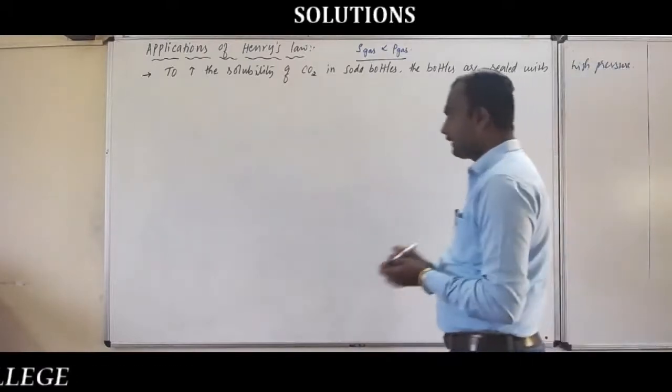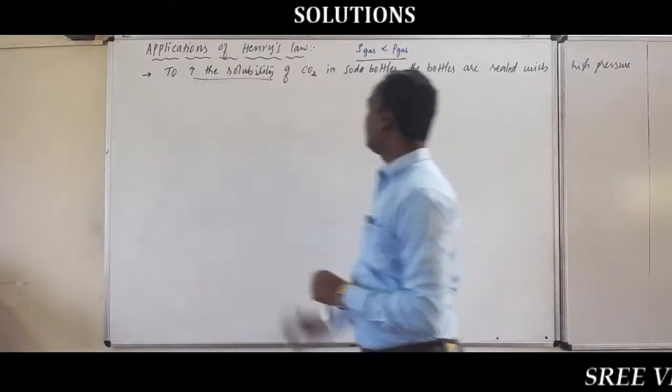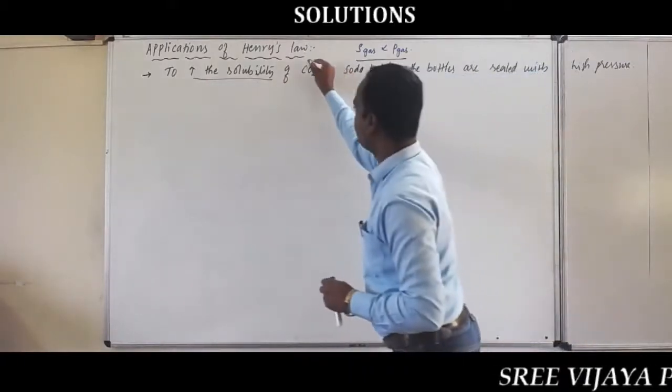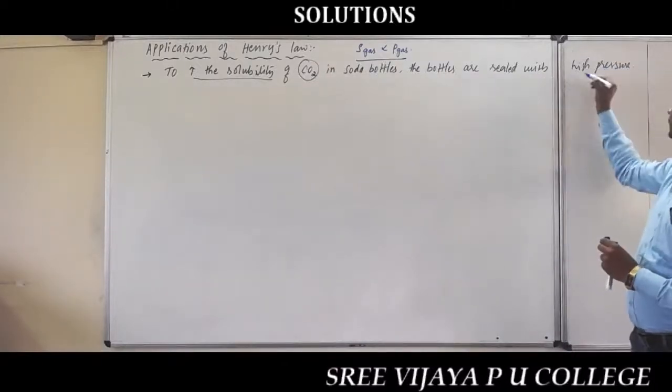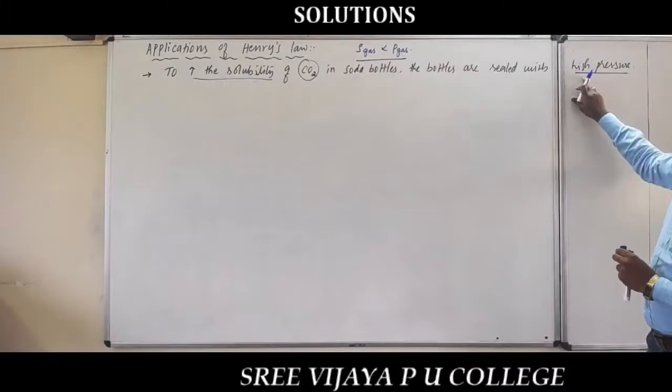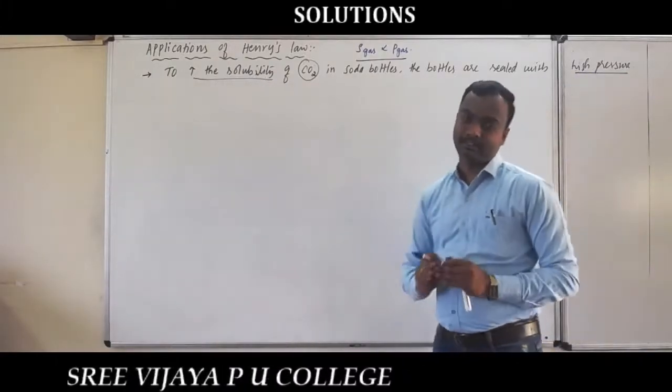Here we mainly concentrate on two factors. One is to increase the solubility of carbon dioxide. Remember, carbon dioxide is the gas, and the other term is high pressure. So high pressure increases the solubility of carbon dioxide in soda bottles.